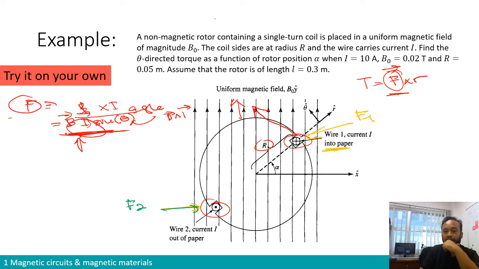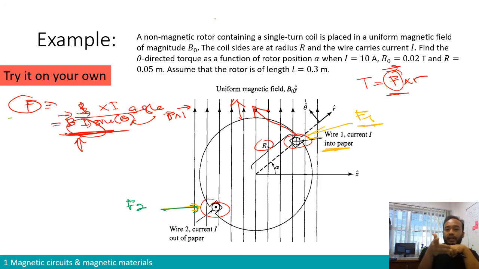So we need to have a look at which direction the force goes first. Let's have a look at the force F1. You use your right hand rule. You have your current in your thumb's direction, your pointing finger, the index, pointing in the direction of the magnetic field, and the rest of the fingers point in the direction of the force.